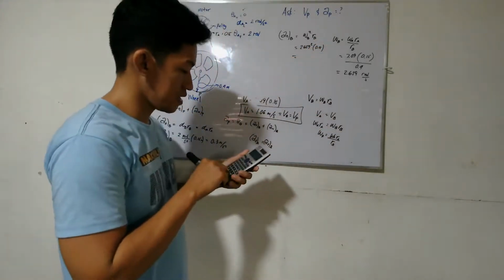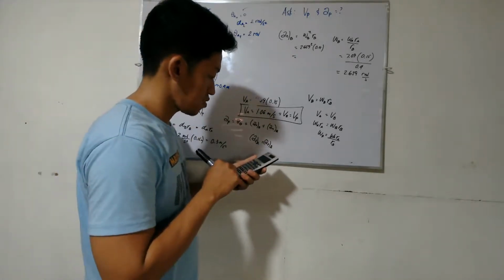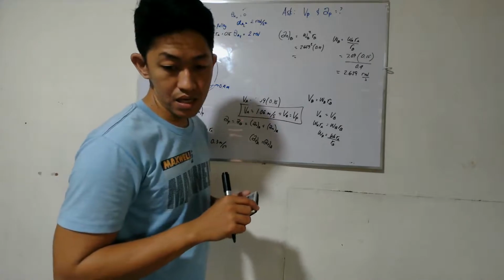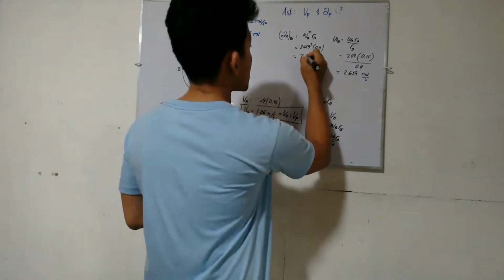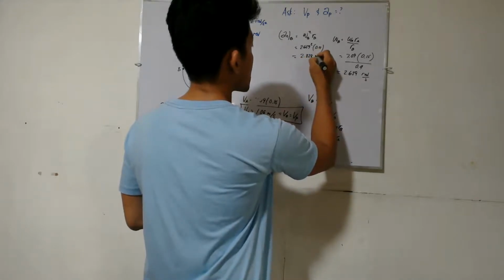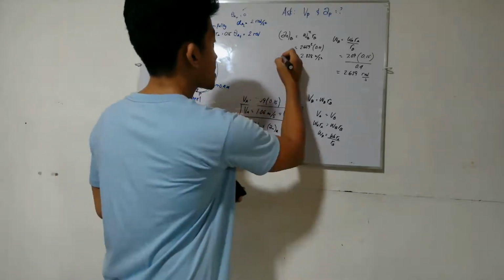The answer would be 2.80828, no? Meter per second squared.